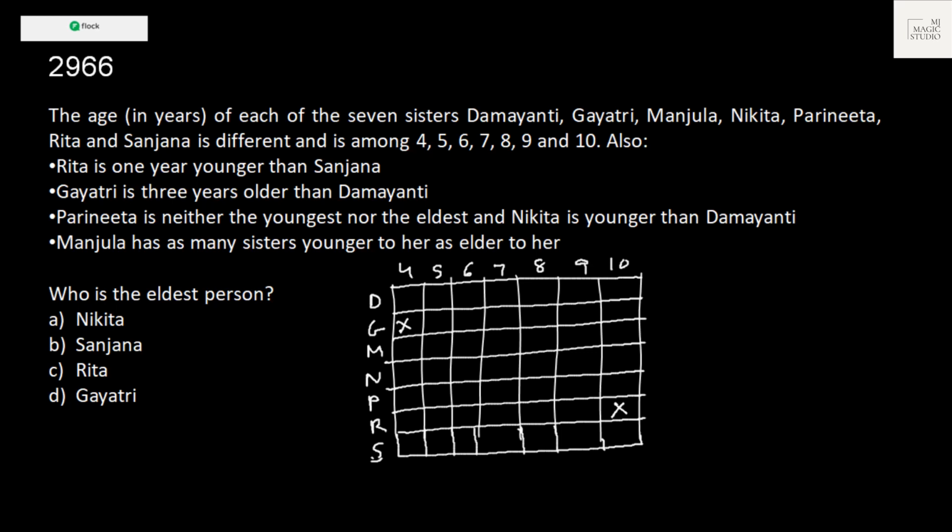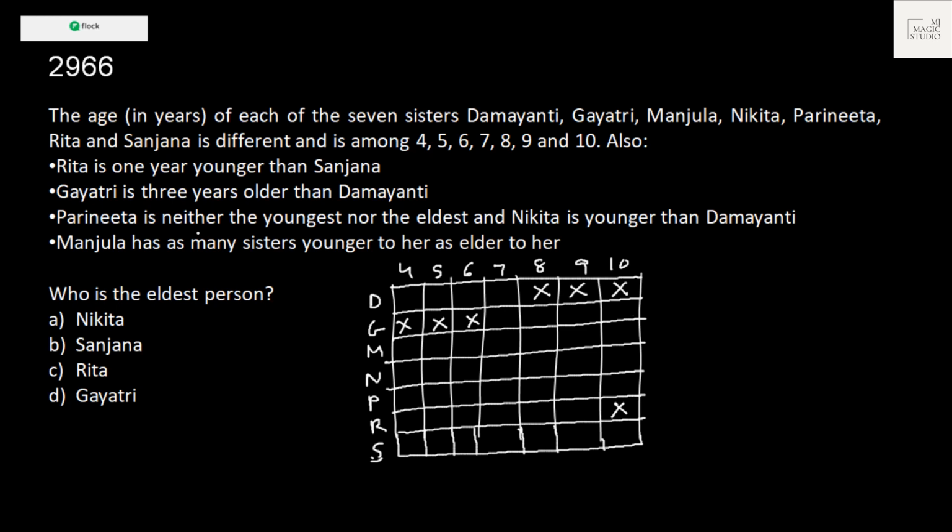That means Gayatri cannot be 4, 5, 6. Now if Damayanti is 10, then Gayatri would be 13, which is not possible. Damayanti is 9, then 9 plus 3, 12 is not there. 8 plus 3, 11 is not there. 7 plus 3, 10 is there.